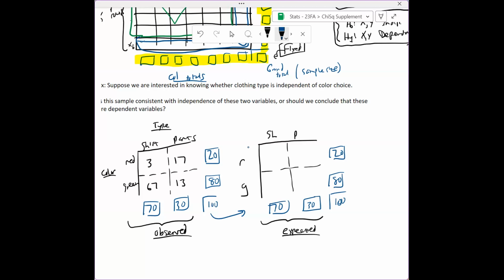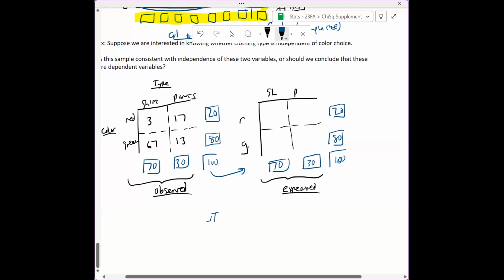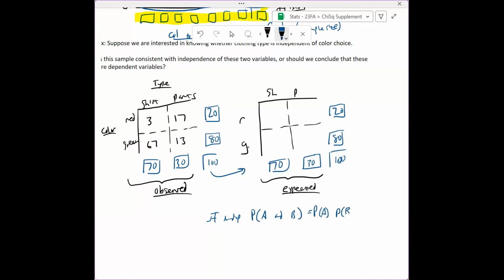So remember, with independence, probability of A and B is probability of A times probability of B. Or in other words, this box up here should look something like 70 times 20.